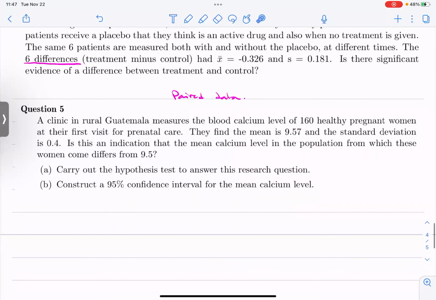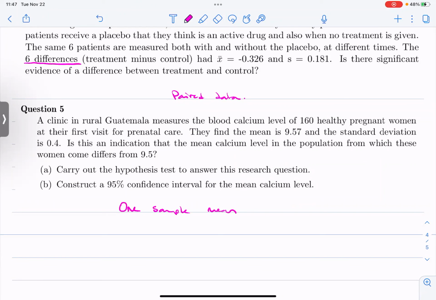But for now, this is just a one sample mean question. Why? I only have one sample of 160 pregnant women, and I have the mean and I have the standard deviation of that.